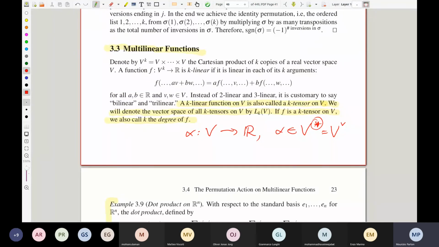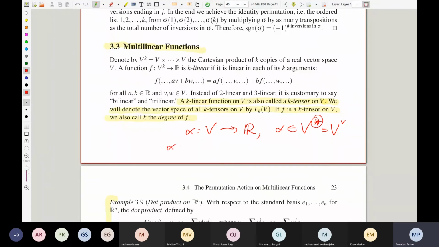I mean, you can also have a map from V times V to R, and ask for this map to be linear, right? Of course, linear means linear with respect to each copy of the vector space. This would be a bilinear map. And you can also have a trilinear map, and so on. These are called multilinear maps, multilinear functions.